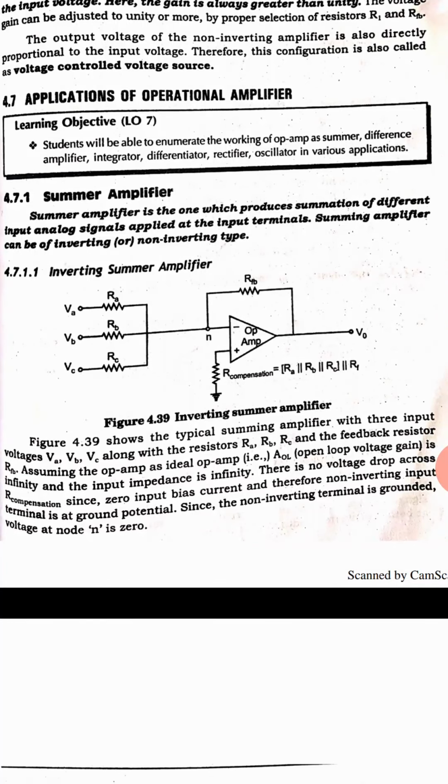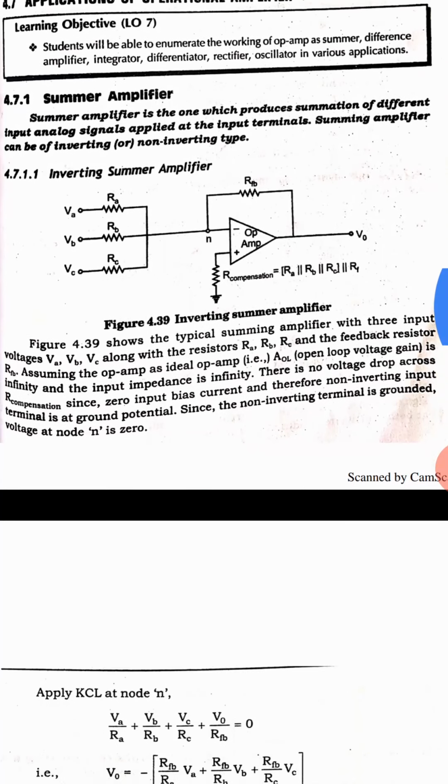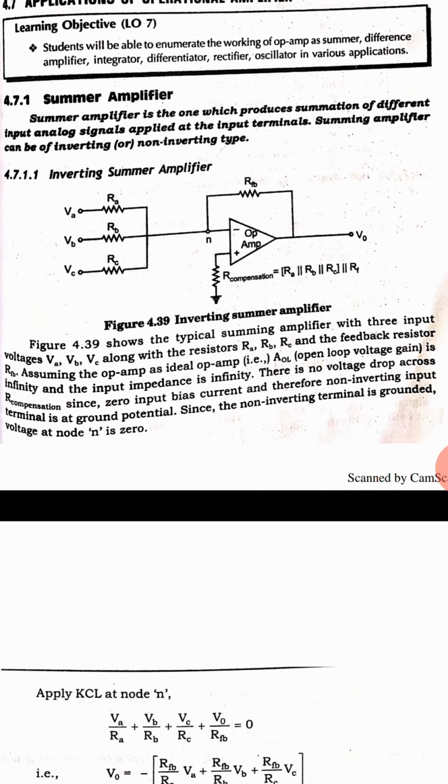You notice that RA, RB, RC are the resistances associated with the VA, VB, VC terminals, and the feedback resistance is RFB, and the non-inverting terminal is connected to the ground.